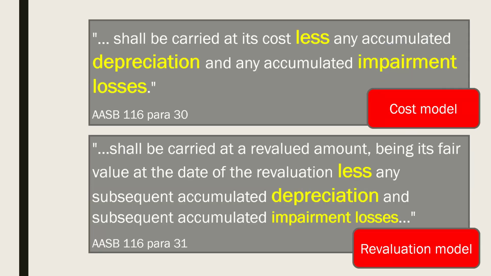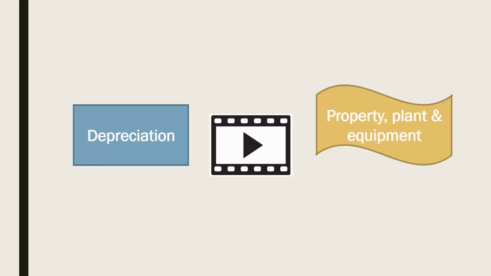Whether we use the cost or revaluation models, both require us to depreciate and to also identify impairments of items of property, plant and equipment. We looked at depreciation in the video Property, Plant and Equipment.